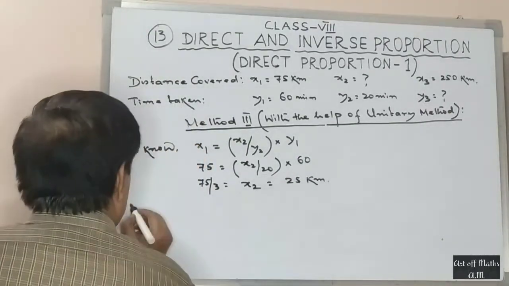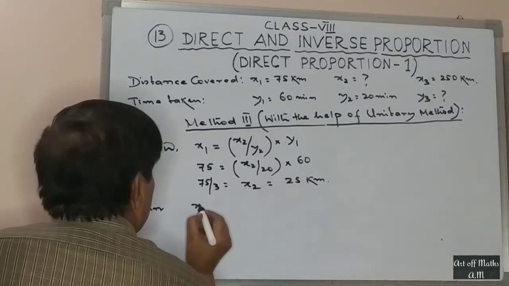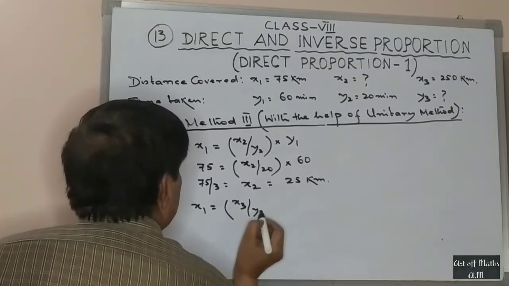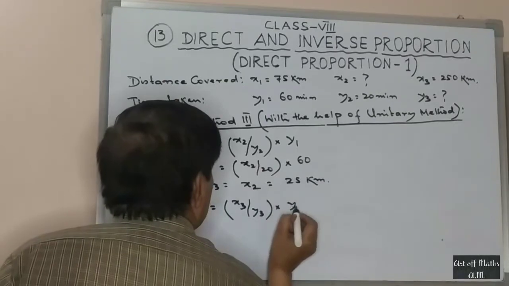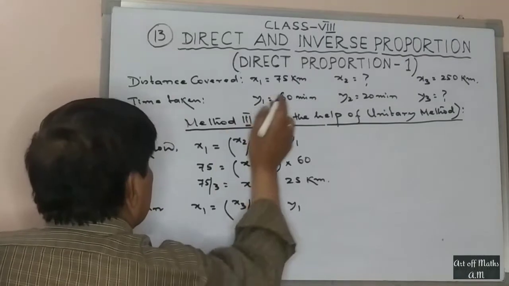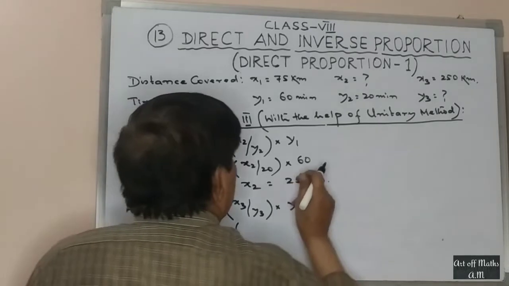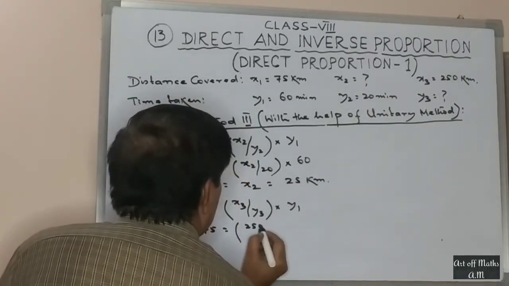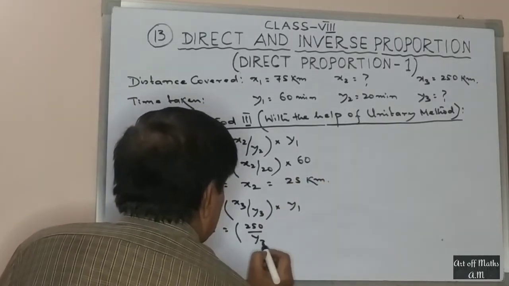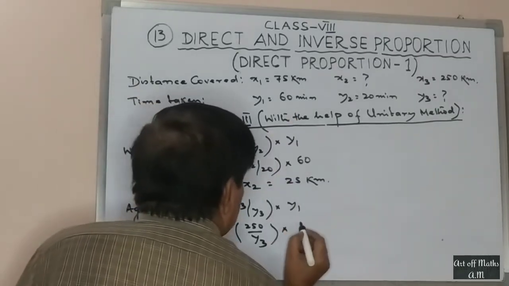Now again x1 equal to x3 by y3 into y1. Here x1 is 75 equal to x3, 250, divided by y3, that is unknown, into y1, 60.